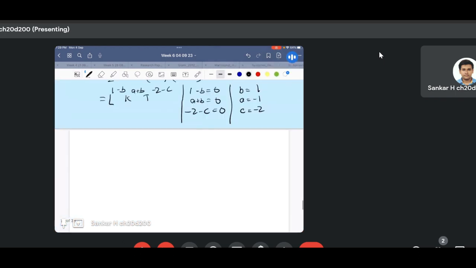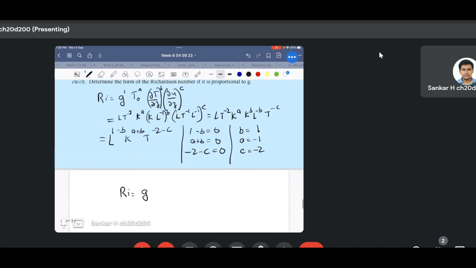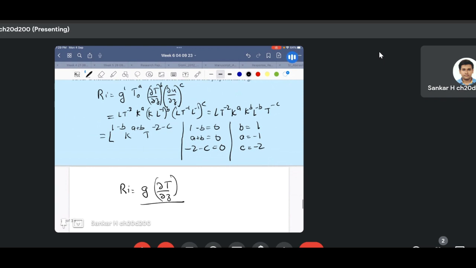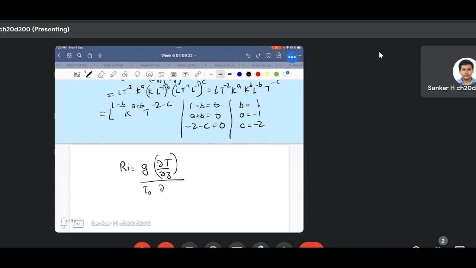Therefore, the correct formula for the Richardson number is given by G times dou T by dou Z divided by T naught times dou U by dou Z, the whole squared.